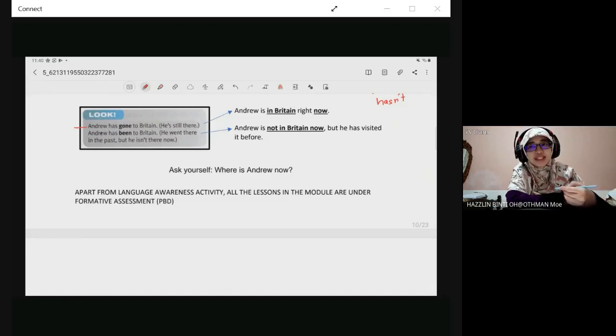He hasn't returned yet. For the second sentence, Andrew has been to Britain. That means that he is not in Britain anymore. He was there sometime, we don't know when, but he has returned back.